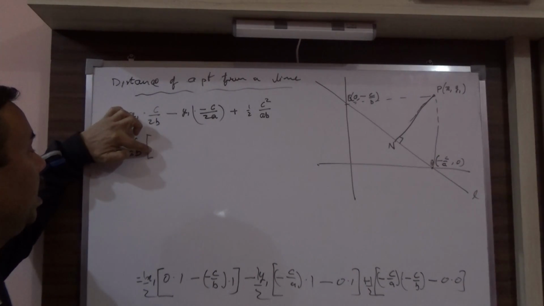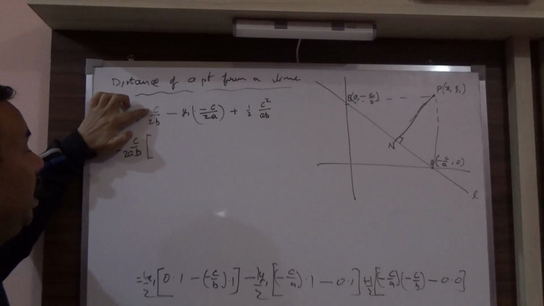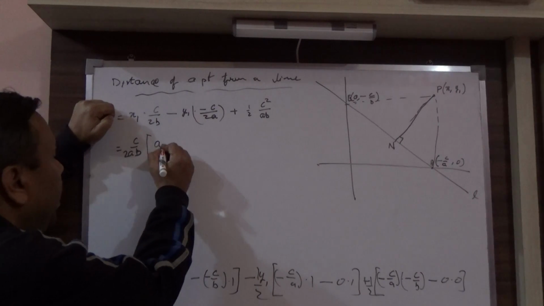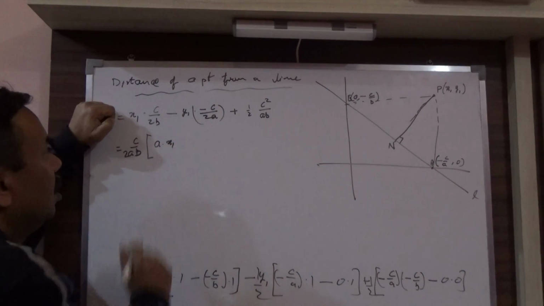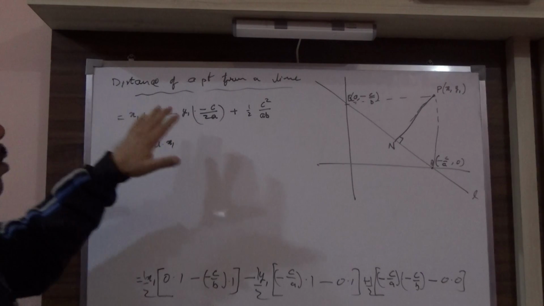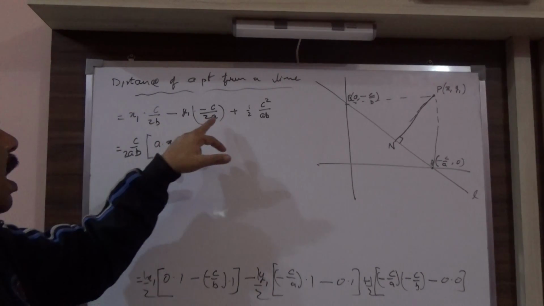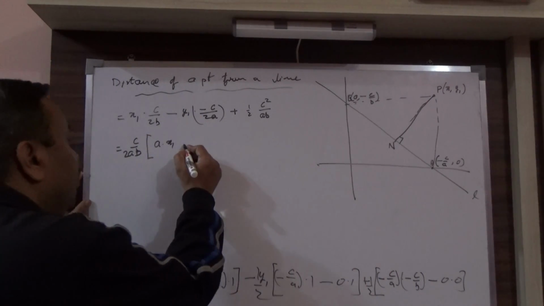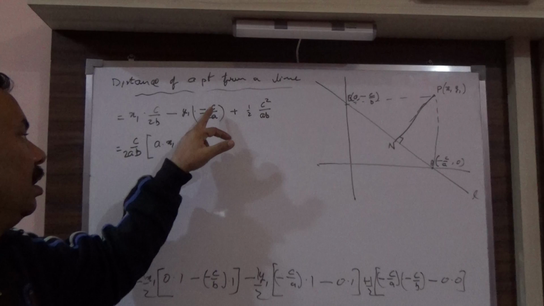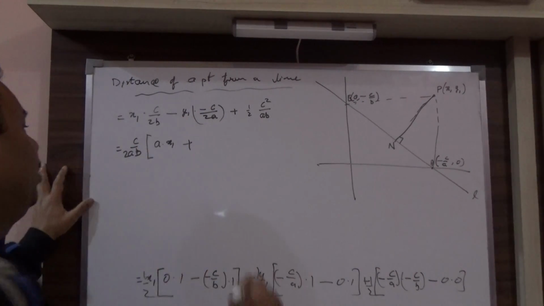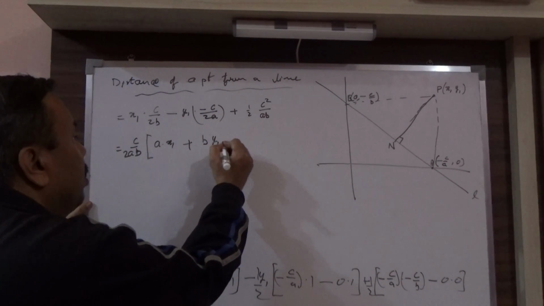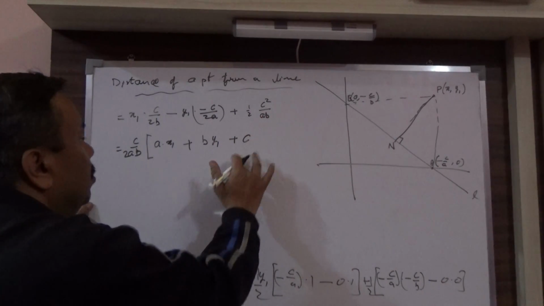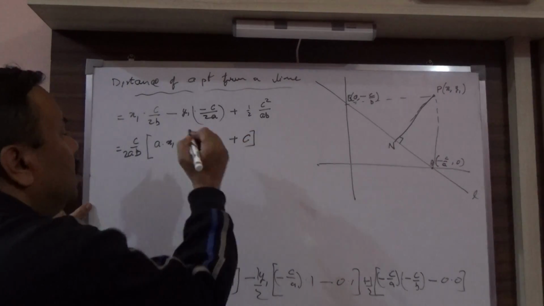So if I am taking A in the denominator, I have to multiply A to the numerator also. The remaining is x1, so it will be A into x1. From there I am taking C, 2, A, minus and minus will become plus, and y1 will be multiplied by B, so it will be B y1, and plus the remaining will be C only. This is the area.